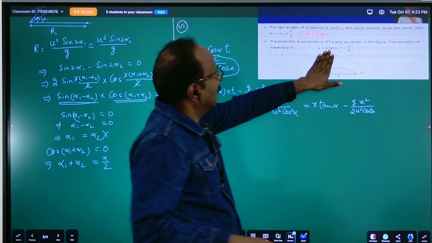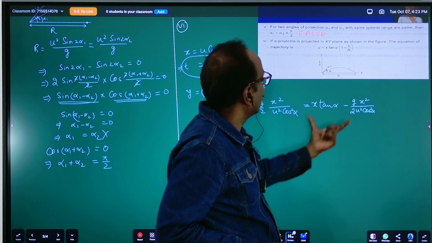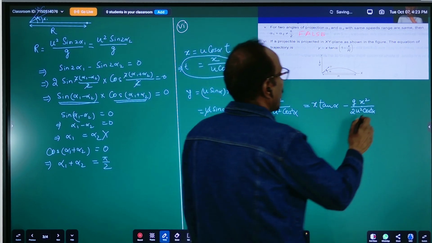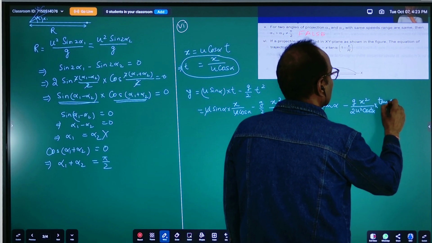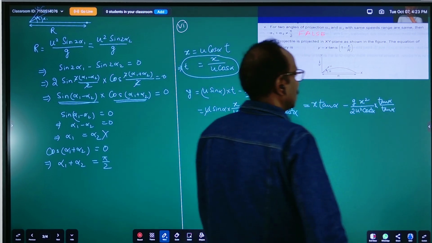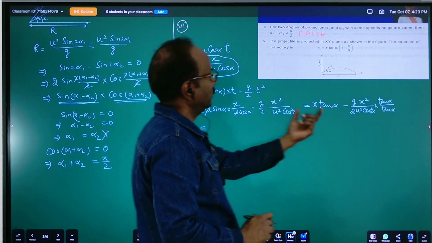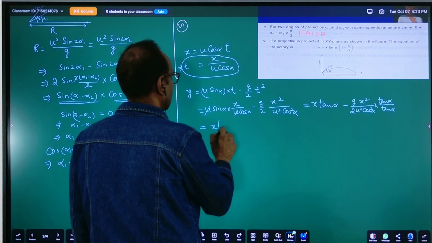here you can see x tan alpha is a common factor. To make it common from these two terms, we will multiply by tan alpha and divide by tan alpha. So you take x tan alpha common from both the terms.